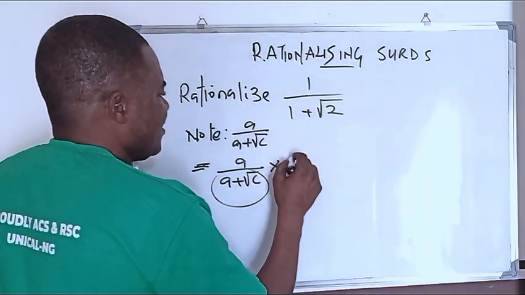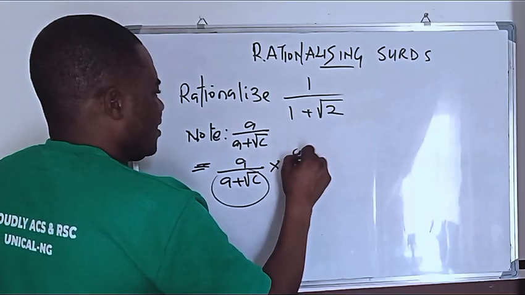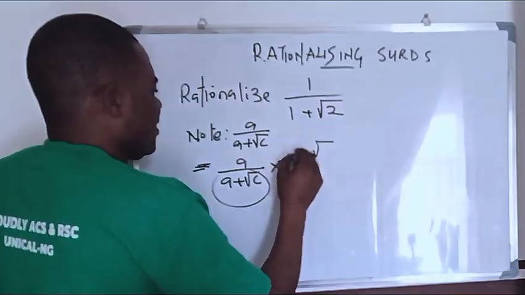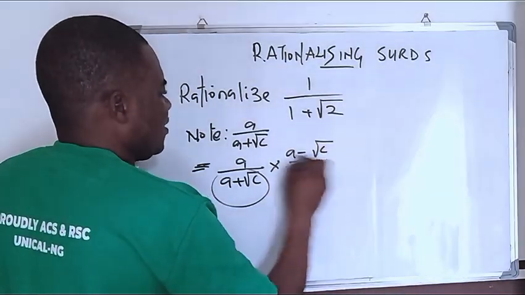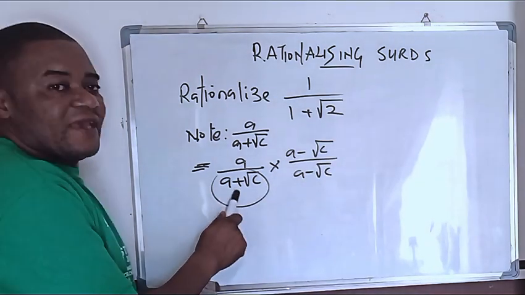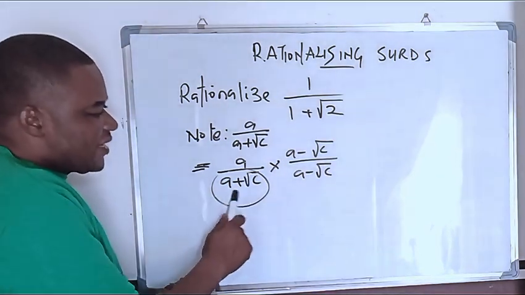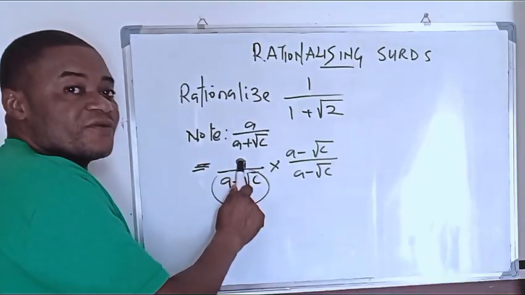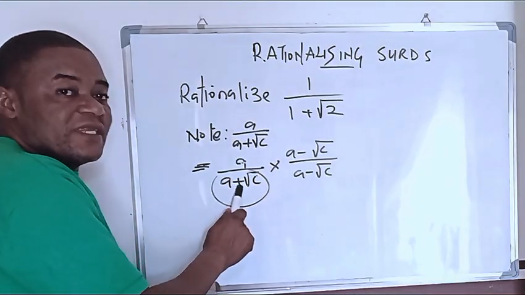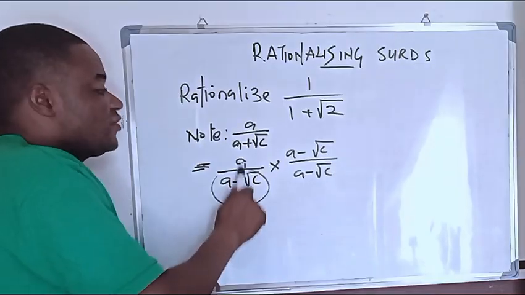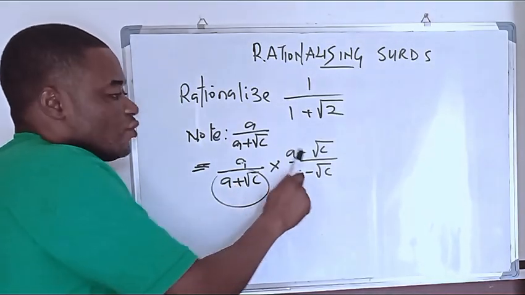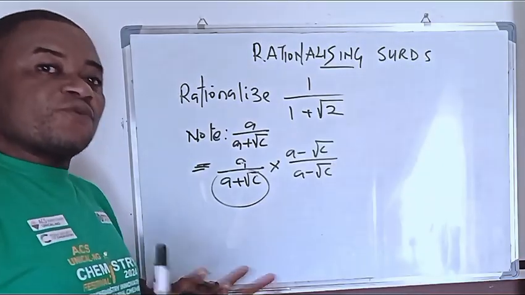So this will be A multiplied by A minus root C over A minus root C. So you can see from here that we have used this denominator to multiply the numerator of the given surd and also the denominator of the given surd. But the denominator that is used is in its inverse form. So instead of positive, we use negative. That is the first step you must take.